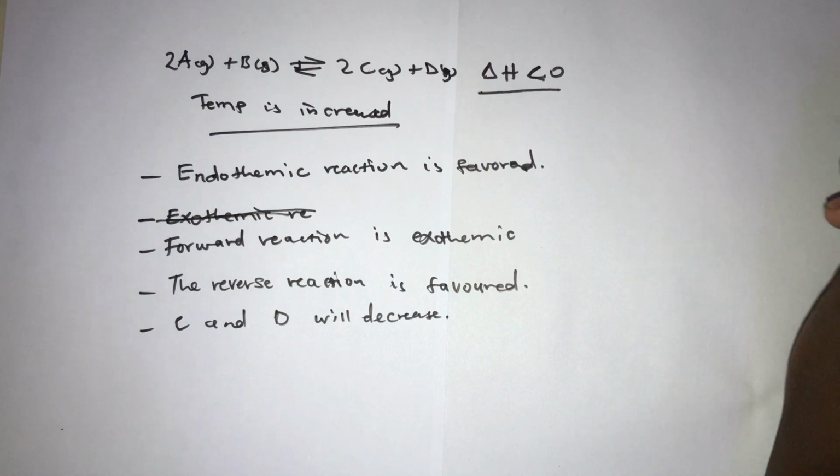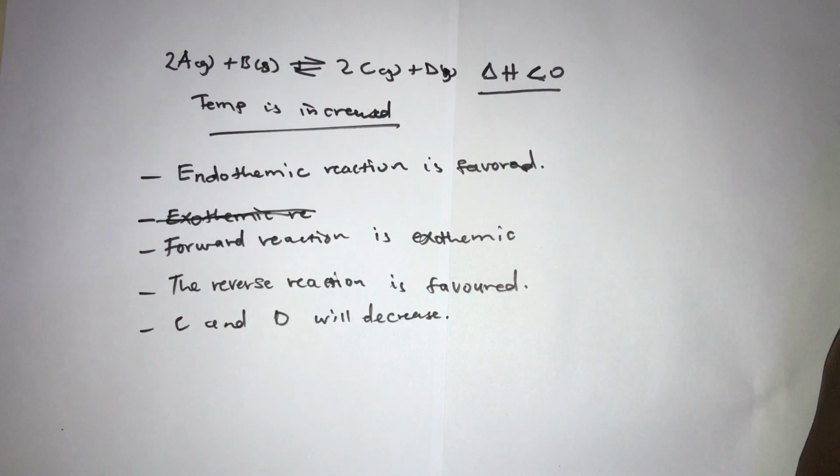So when we decrease the temperature, exothermic reaction is favored. With the temperature, it's easy to collect marks. You listen: if they're increasing the temperature, before you say anything about the reaction, endothermic reaction is favored. If they are decreasing the temperature, exothermic reaction is favored. Then after saying that point, you go back to the reaction and check the condition.